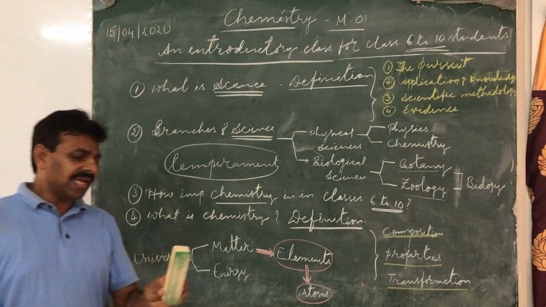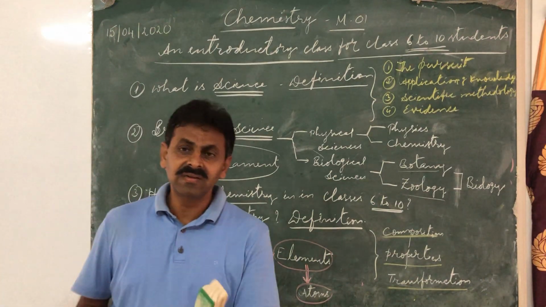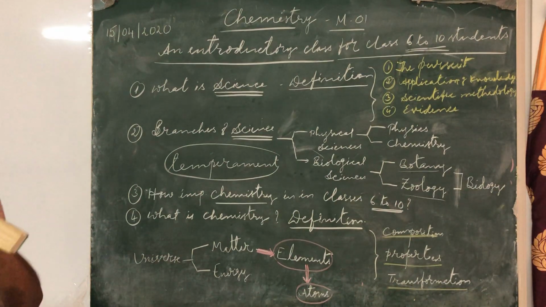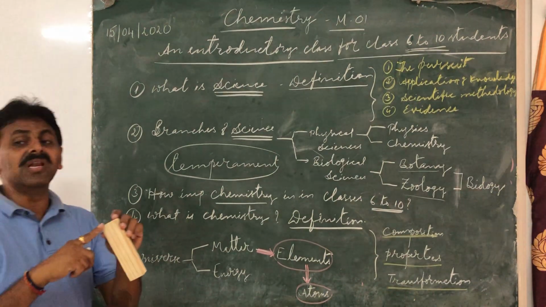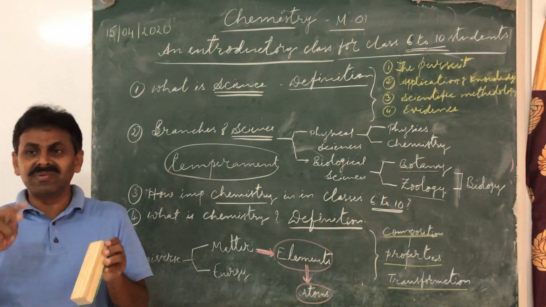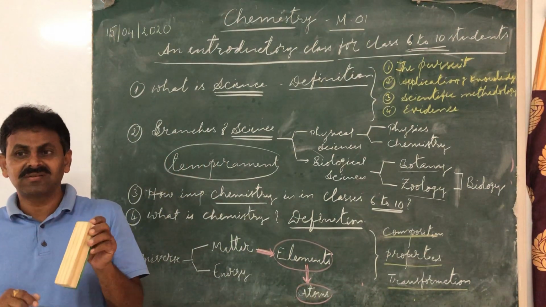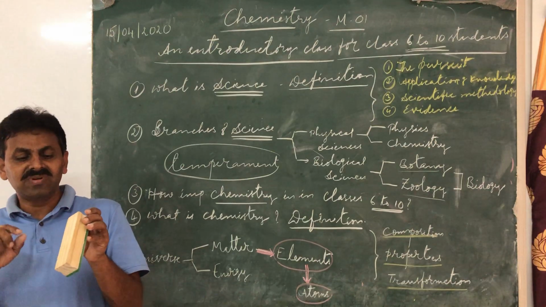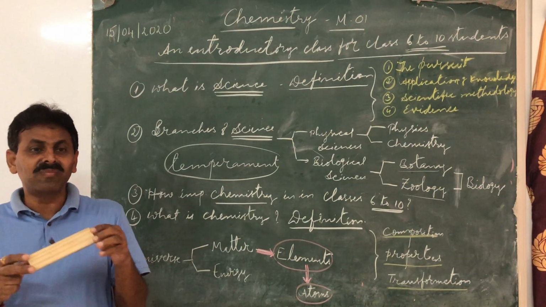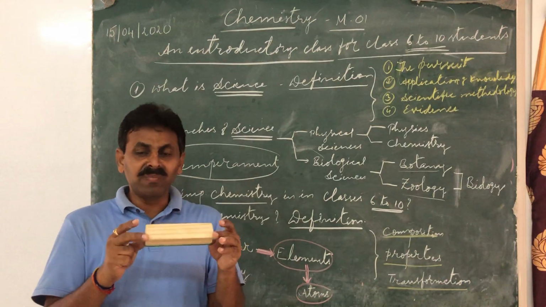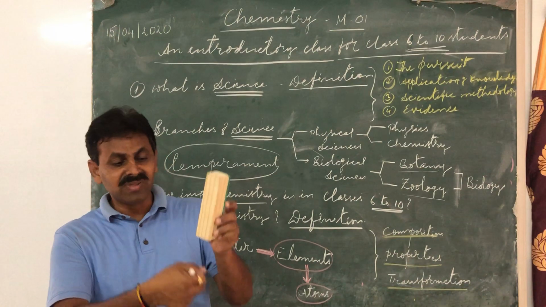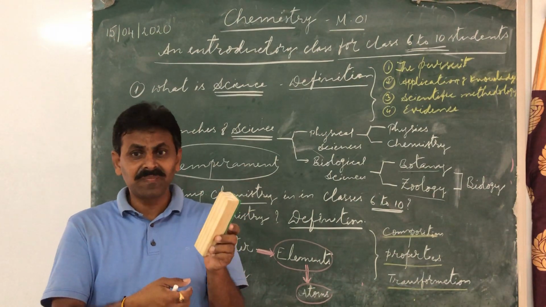Now you see, I can burn this material. Basically, this is made of wood. Wood is nothing but cellulose. In cellulose, there are three elements: carbon, hydrogen and oxygen. Together they form cellulose material, which is in the form of wood. Now if I burn this, what will happen, you know?